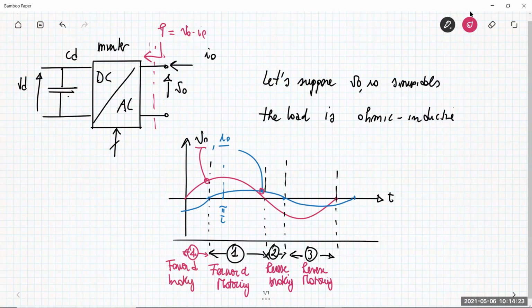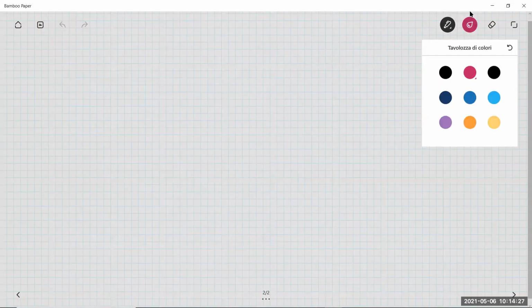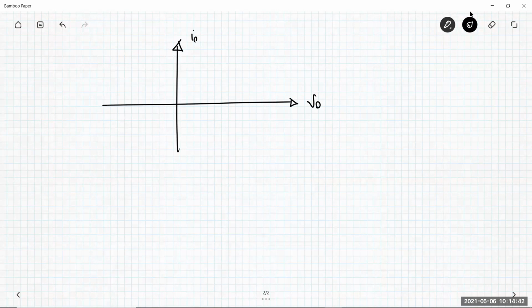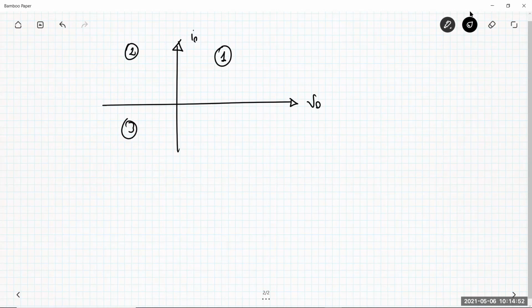So what happens here is that in a Cartesian plane like this one, in which you can plot the voltage V0 and the current, the situations are the first, the second, the third, and the fourth.